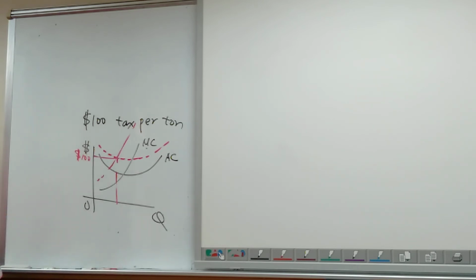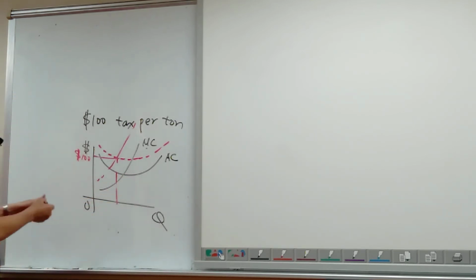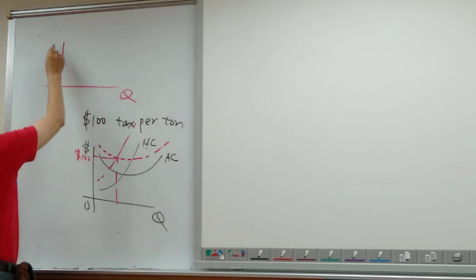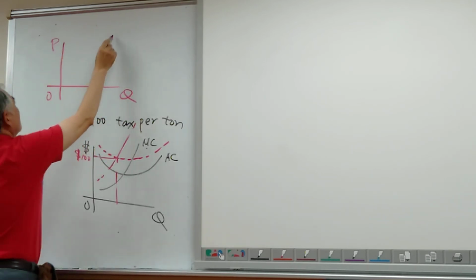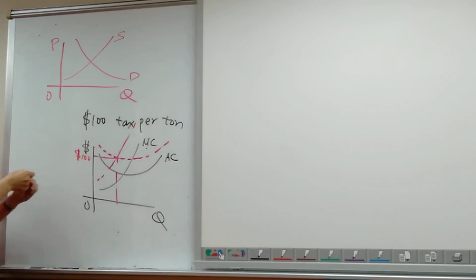So question B, explain the long-run impact of the tax on the lumber industry and a typical lumber producer. Here is the individual firm, and now you are going to analyze the market. Here is Q and P, supply, and demand.